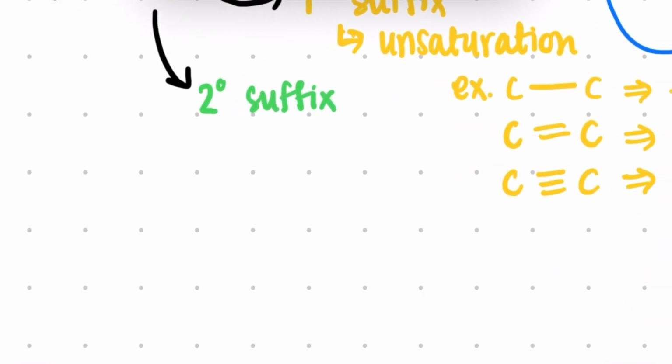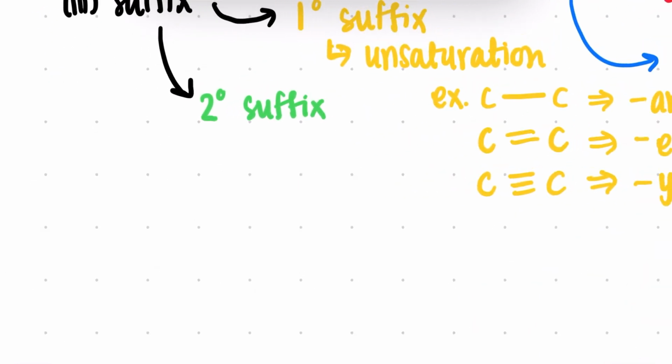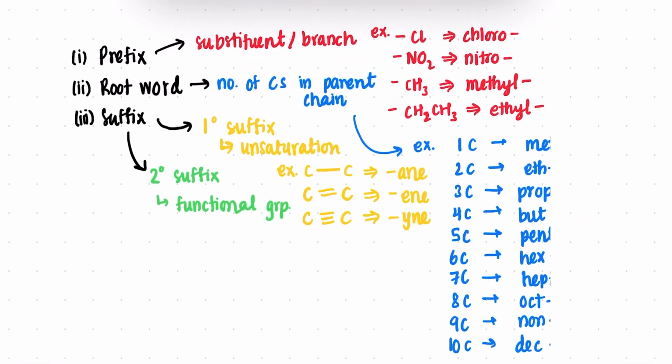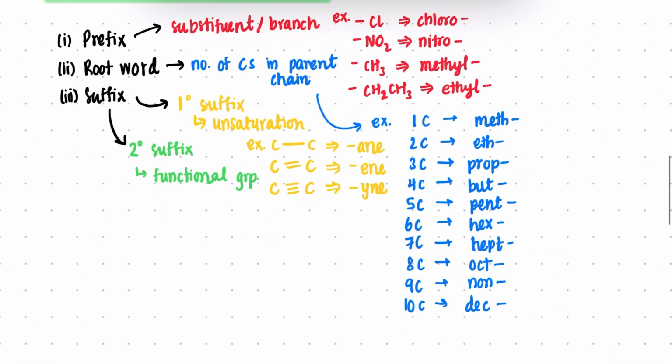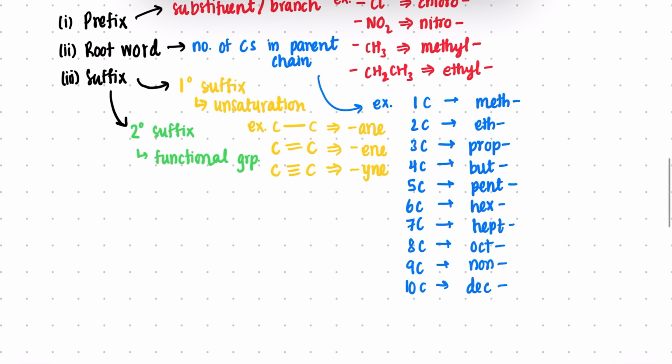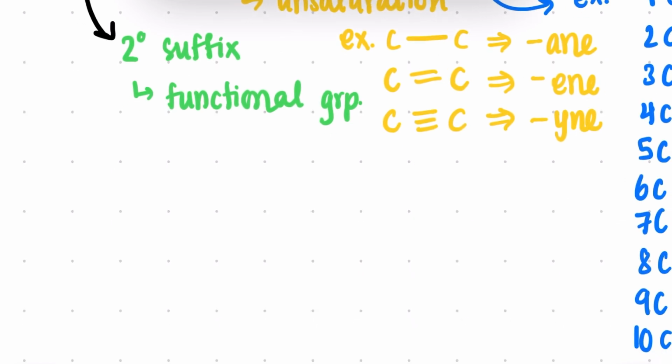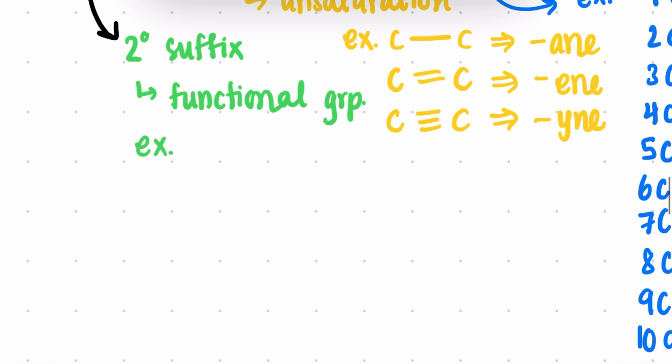Now, let's talk about the secondary suffix. The secondary suffix talks about the functional group. Later in this video, we'll talk about all the different functional groups there are, but some of you may know there are some functional groups that are pretty well known to us. One of them is an alcohol.